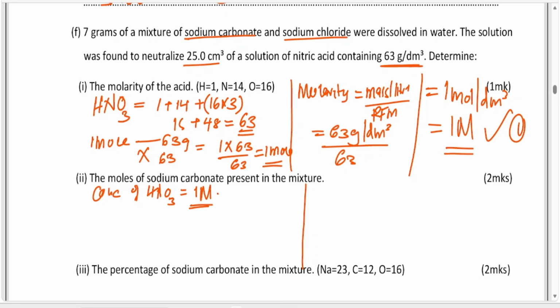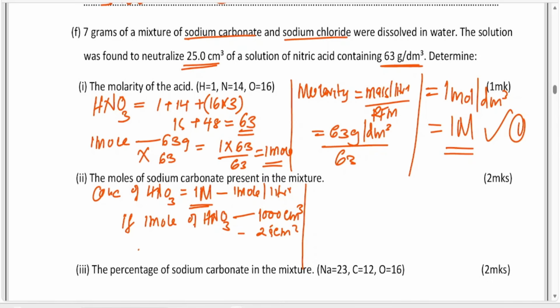We know 1 molar represents 1 mole in 1 liter. So we ask ourselves, if 1 mole of nitric(V) acid was present in 1 liter, which is 1,000 cubic centimeters, what about the 25 cubic centimeters that were used?